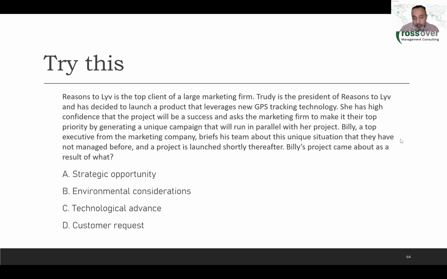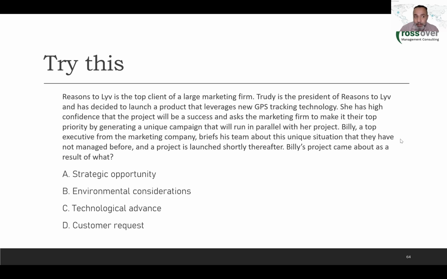Now, the question is about the marketing company. Their project came to existence. They launched their project as a result of what? As a result of strategic opportunity, environmental consideration, technological advance, or a customer request.